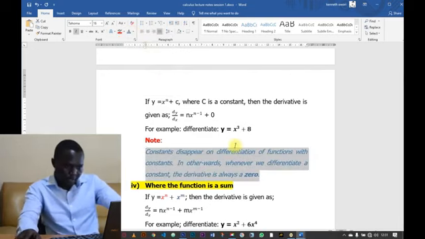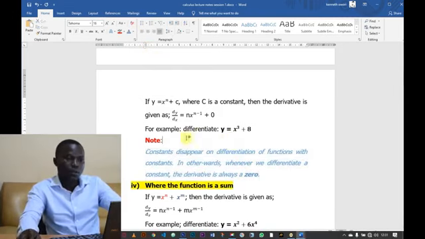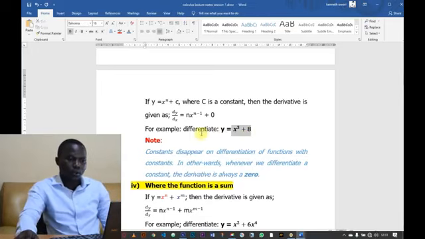So you have an example that says differentiate y equals x power 3 plus 8. Now in this case, 8 is a constant. So we want to see, if you differentiate an expression having a constant, what would we get as a result? So let's try to look at this.